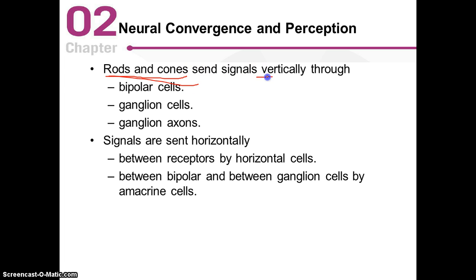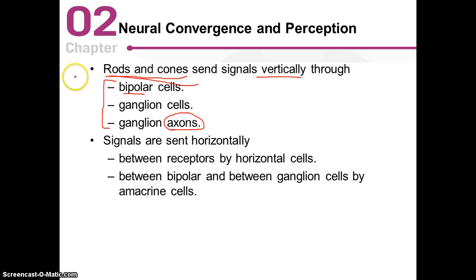They send those signals vertically through the retina, through a network of cells, in particular bipolar cells, which we will come back to talking about, remember those, and ganglion cells and the axons of ganglion cells. And we've said that before, it's the axons of the ganglion cells that combine together to form the optic nerve.